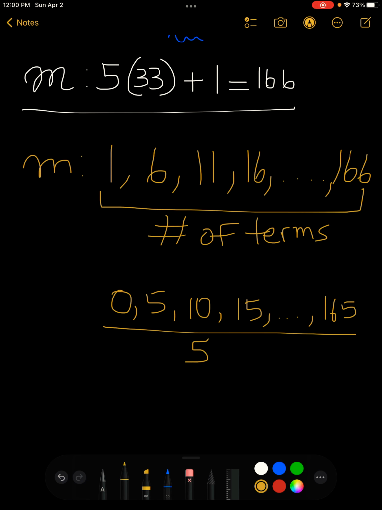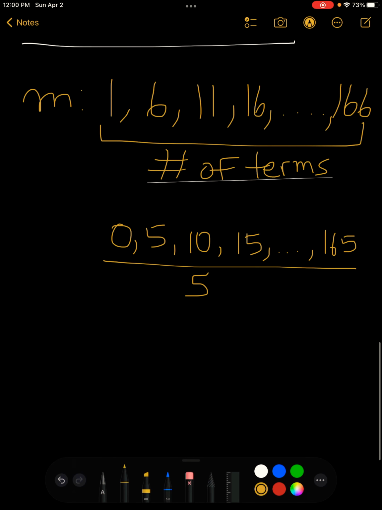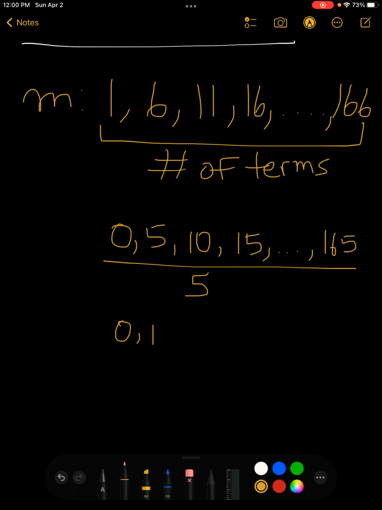Now we can divide this entire sequence by 5. We will get 0, 1, 2, 3, 4, all the way up to 33. Because we're only trying to find the number of terms in this sequence, and we're applying the same operations to every term, this doesn't change the number of terms. So this preserves the actual count.